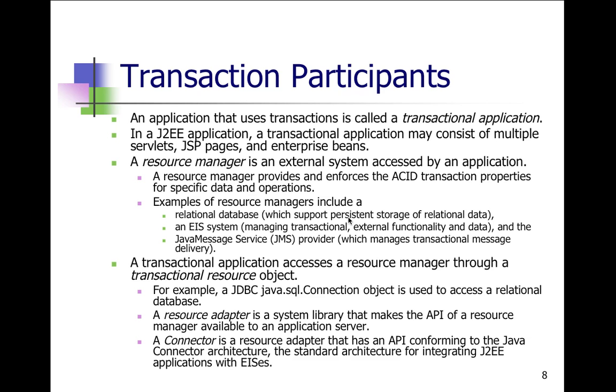So we create this object, and we tell the object to connect. Then we tell the object that we want to send an SQL statement. And the object gives us a result set, or it gives us something back, or it gives confirmation: yes, command executed. That's a resource manager. It's managing the resource of the database, and our interface through this object allows us to access the database information.